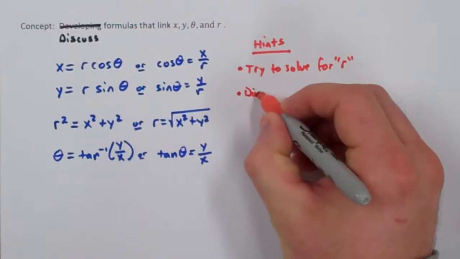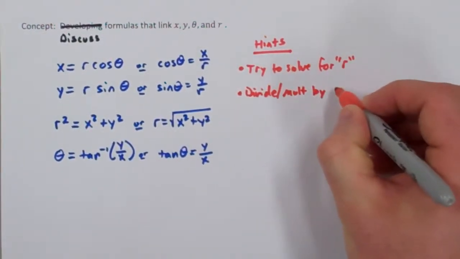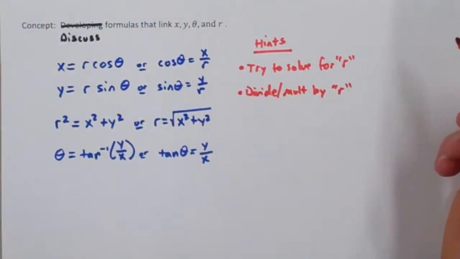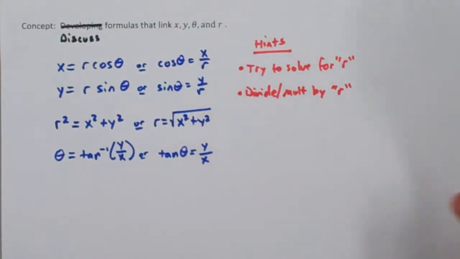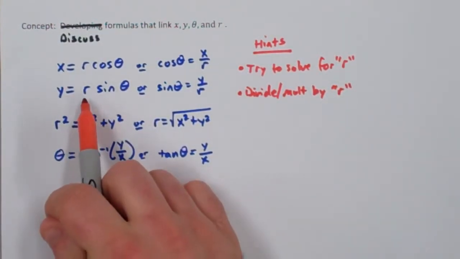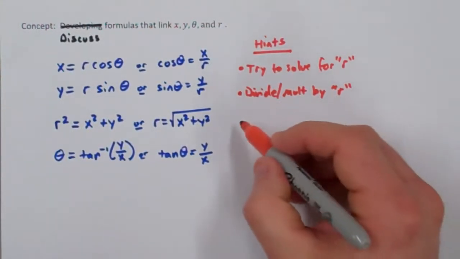You could try to divide or multiply by r. If you can do that, sometimes you'll wind up with r squared, x squared plus y squared. You'll end up canceling the r out, or you'll wind up with r sine theta or something like that. So that can work sometimes.